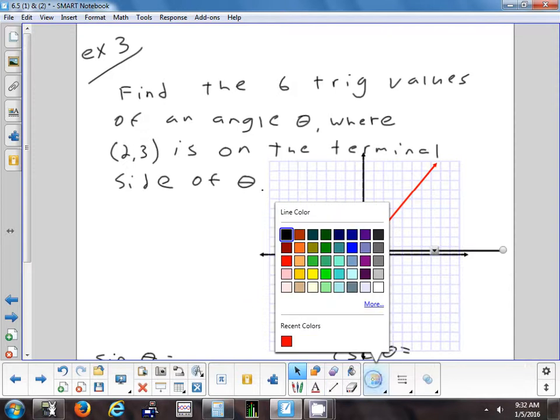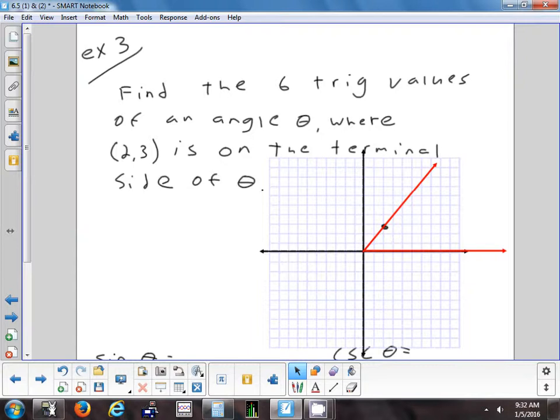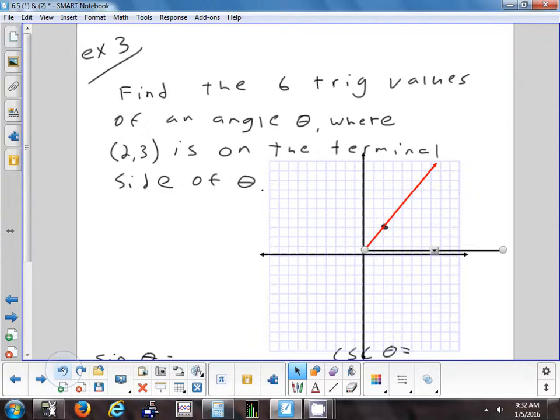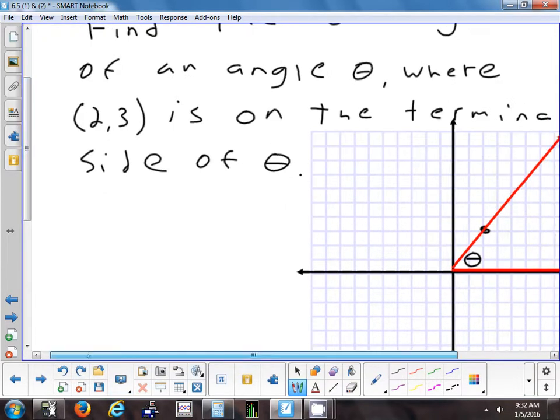Make that red. All right, so there's my angle, and it said that the point 2, 3 is on the terminal side. And this is theta. So I want all the trig functions of that angle.